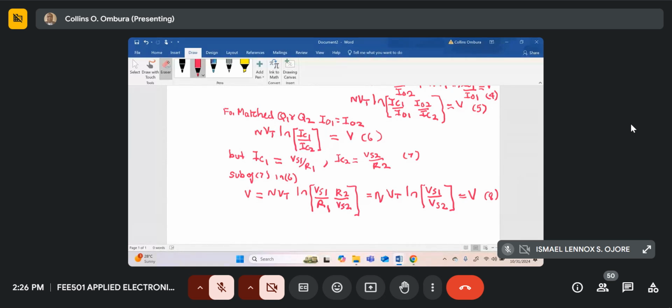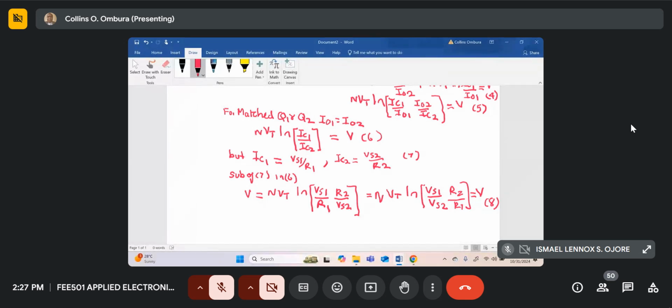I think I'm taking too many shortcuts. Let me remove this. So I've just repeated myself over there. Here is okay. So we're just substituting results of 7 inside 6.